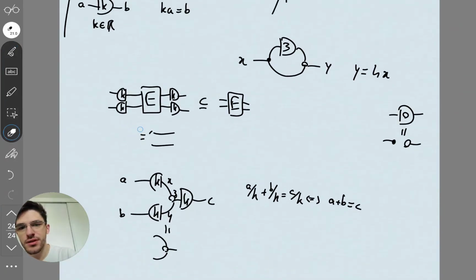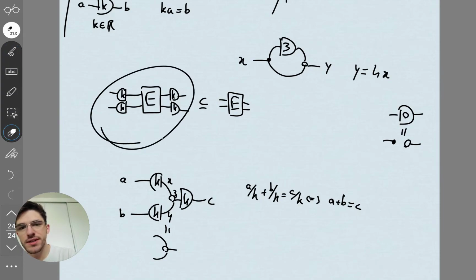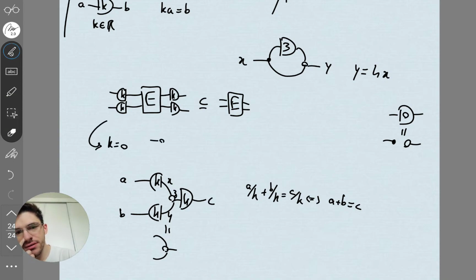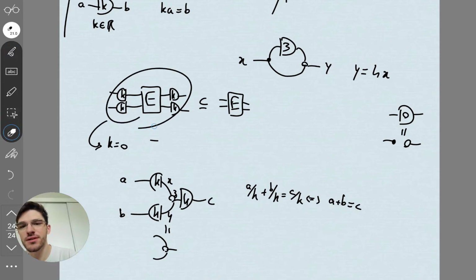So if we write this in the case of k equals 0, multiplying by 0 is like all the things are 0.